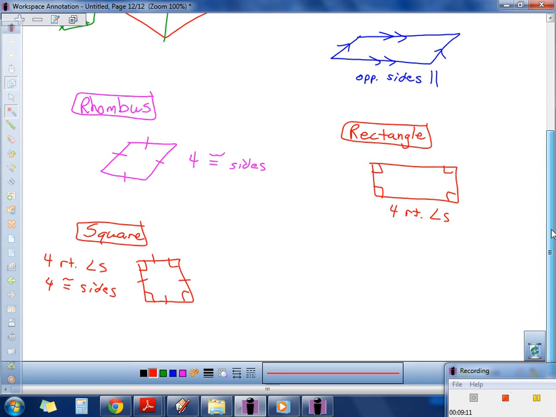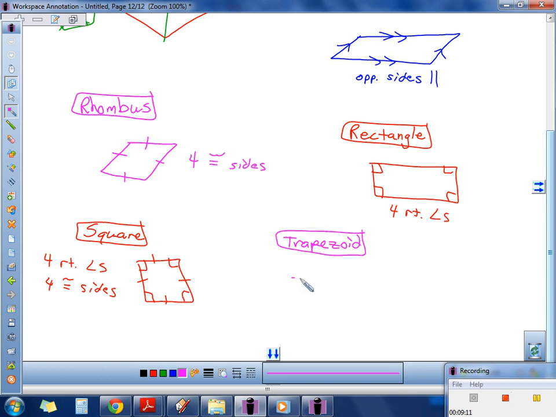Let's see, after that, what do we have? Oh, we had trapezoid. So trapezoid's up next. Trapezoid started looking a little different from the rest. Something like that, in which we had this drawn on it.